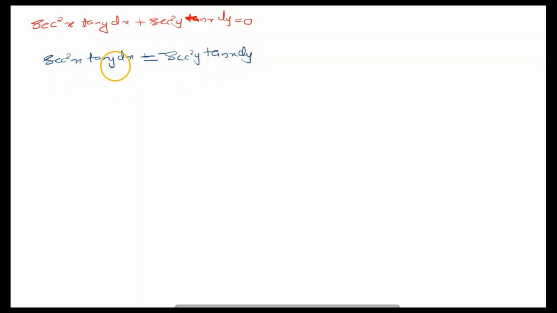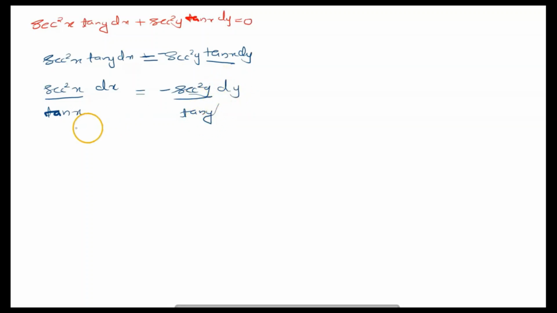So let's separate x and y. This is sec square x dx, take this tan x here divided by tan x, which is equal to minus sec square y divided by tan y dy. So let's integrate this and this.